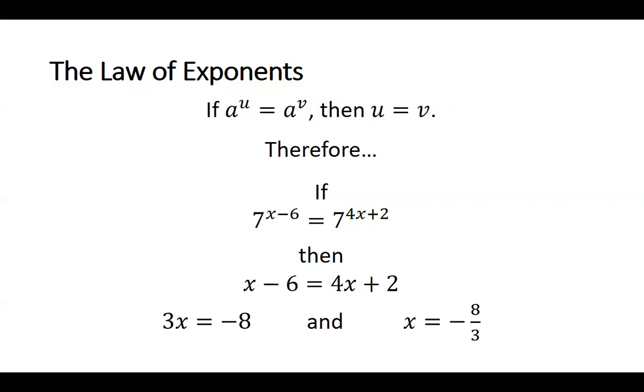So if you had 3 to the 6th is equal to 9 to the x, you could still work that. 3 to the 6th, you could make 3 squared to the third power, right? The power rule says the exponents multiply. So you could have 3 squared to the third is equal to 9 to the x. 3 squared is 9, so that's 9 to the third is equal to 9 to the x. x must be equal to 3.